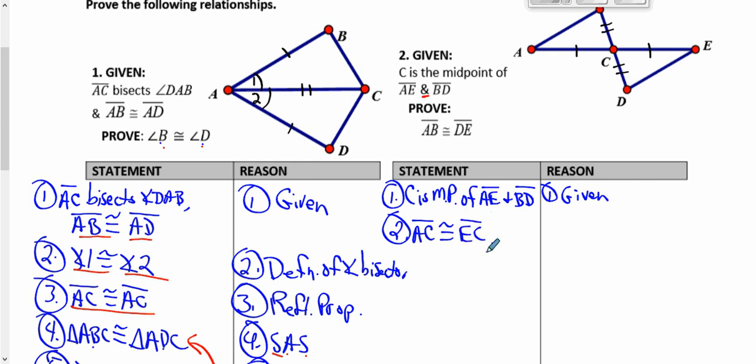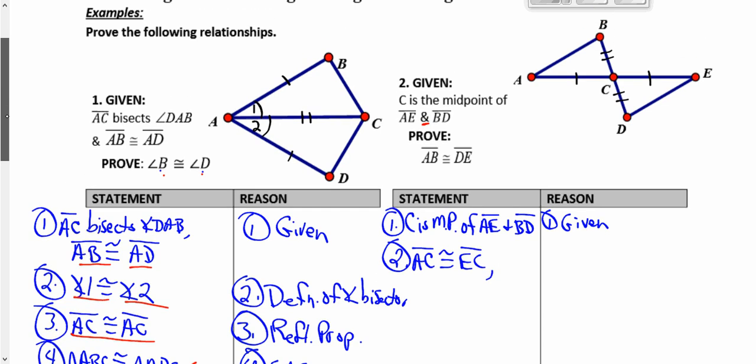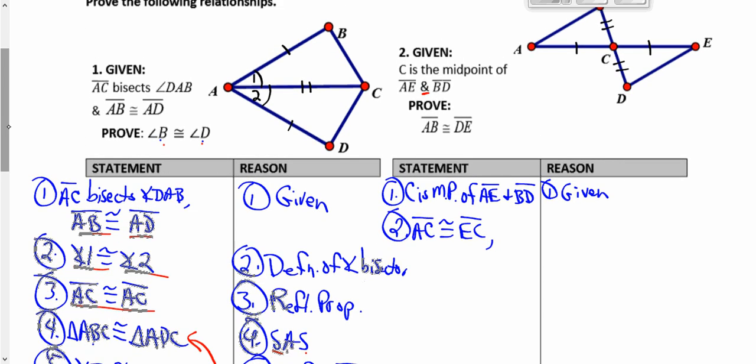And then, what's that top letter? Oh, BC to DC. BC congruent to DC. And you said, yes, definition of midpoint. That's a D, not a P. Okay?